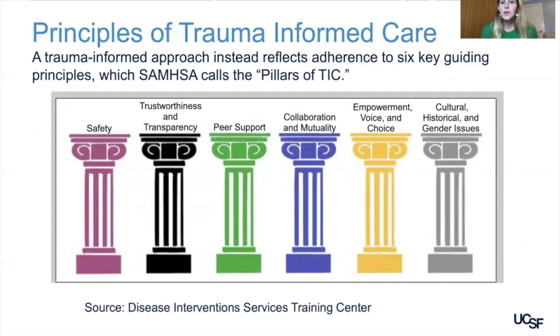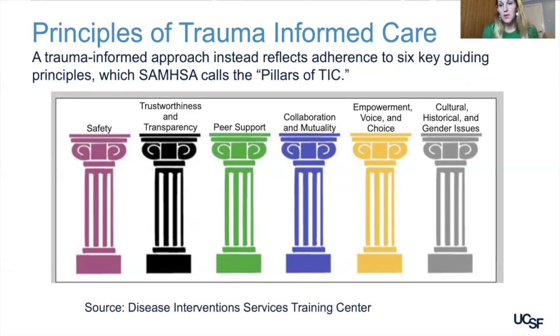So there are several principles of trauma-informed care, and these are based on the SAMHSA pillars of trauma-informed care. There's safety, trustworthiness and transparency, peer support, collaboration and mutuality, empowerment, voice and choice, cultural, historical, and gender issues. I'm going to talk about 3 of these in particular and just gloss over the other 2.